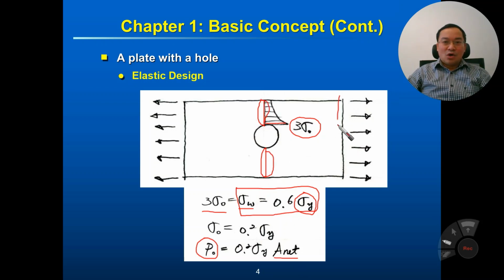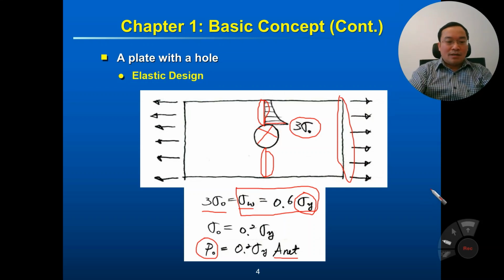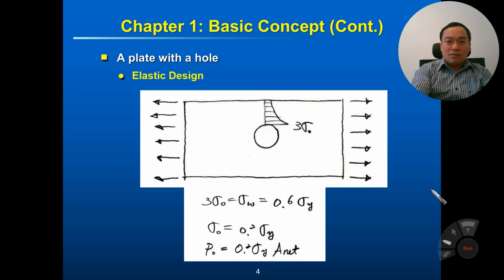This is the whole area, but this is the net area. We don't consider the area of the hole. So P0 equals 0.2 sigma y multiplied by net area. That is the elastic limit load. I think you already know, it's simple for you.